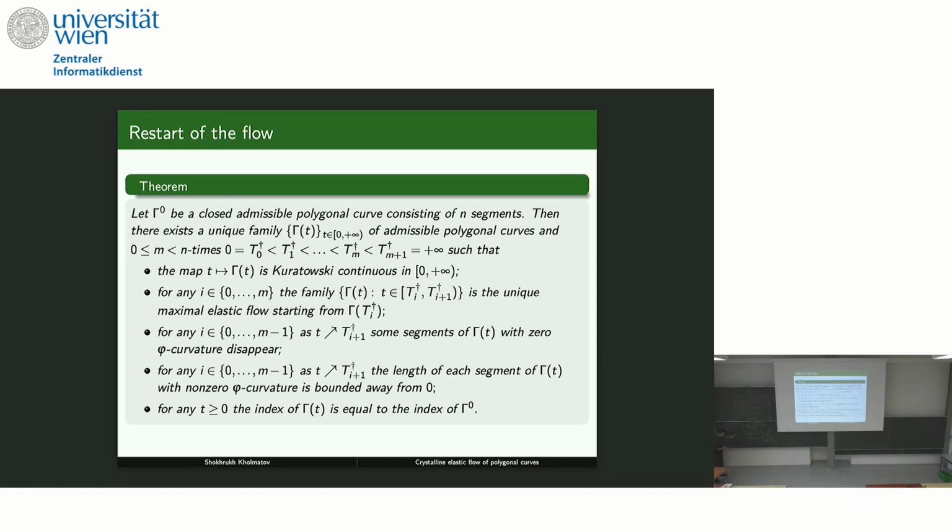And also at each time, one or more segments with zero curvature disappear, while the non-zero curvature segments always stay and their length stays bounded away from zero. And the important thing here is the index, the number of, let's say, signed loops, always remains constant. It is always equal to the index of gamma zero, because destroying a zero length, zero curvature segment does not change the number of loops.